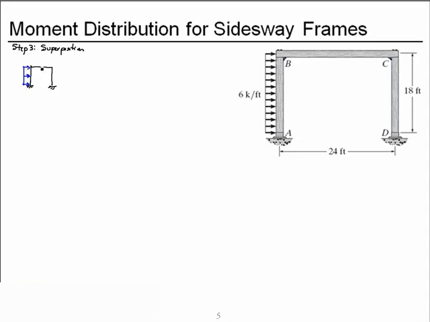These two nodes will shift to the right, and so we're going to need to superimpose two situations in order to apply moment distribution.